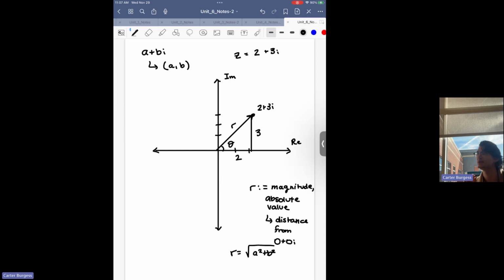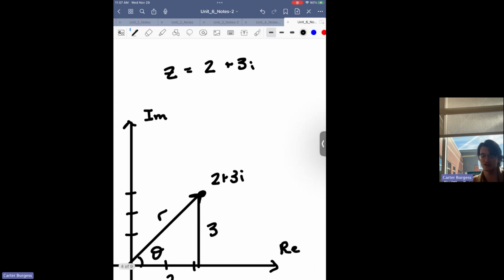The value of b is not, for instance, if we're looking at this imaginary number here, b is equal to 3. It is not equal to 3i. Think of the i as just telling you that you're going up rather than sideways.